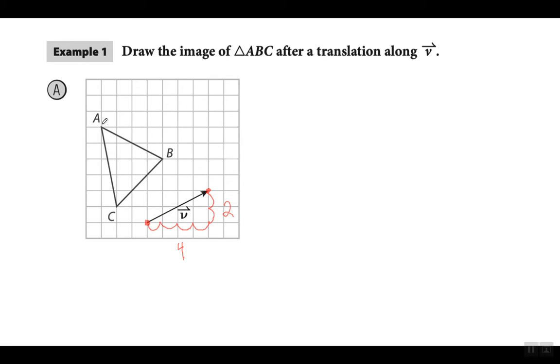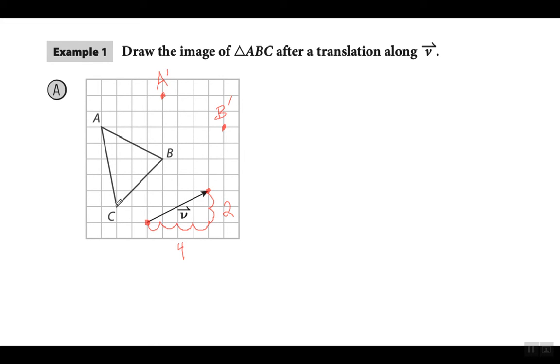Let's start with A. I'm going to move it 4 units to the right, 1, 2, 3, 4, and 2 units up, 1, 2, and that's where A prime would be. Now I'm going to do the same thing with point B. 1, 2, 3, 4, and 2 units up, 1, 2. That's where B prime would be.